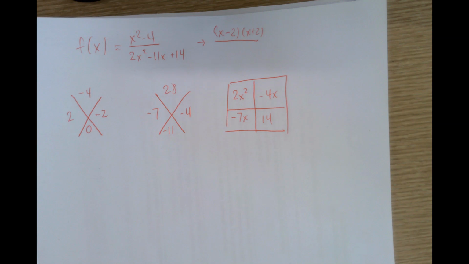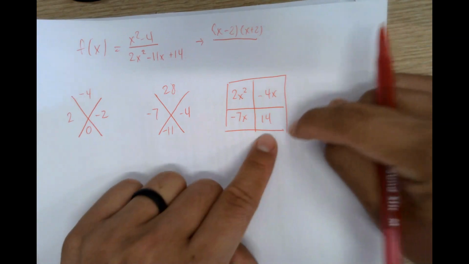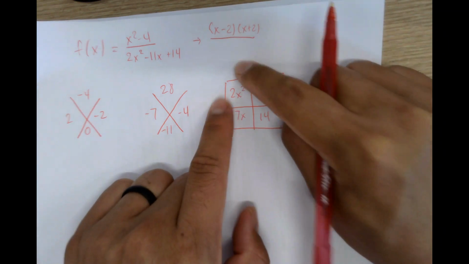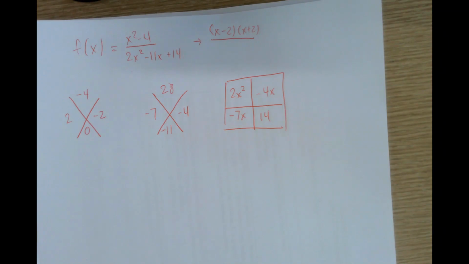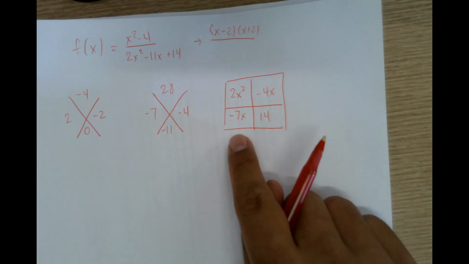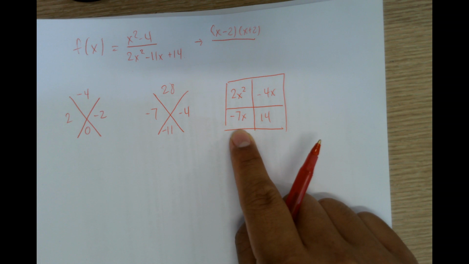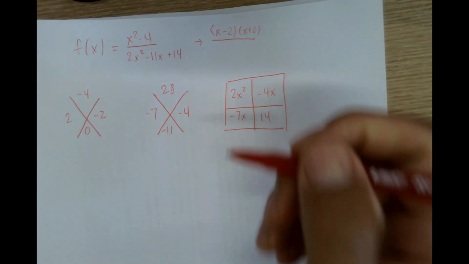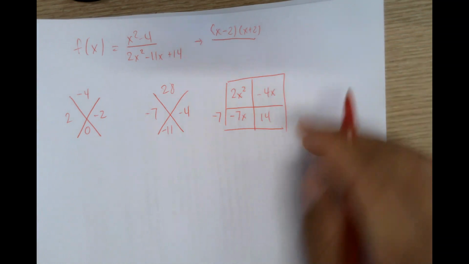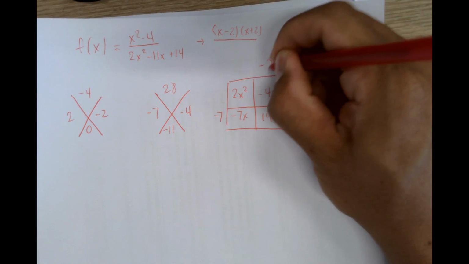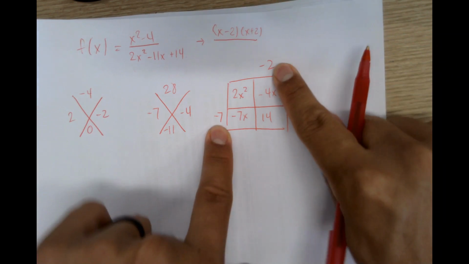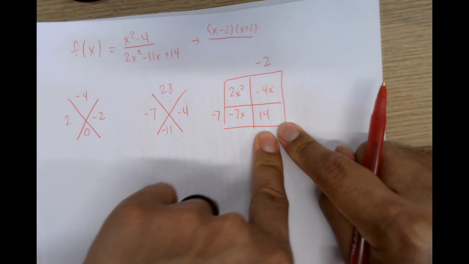At this time, you really want to find the two things that multiply to equal 14 and the two things that multiply to equal 2x squared. I'd say it's pretty easy to do the bottom left because you're only going to have one answer, so it's going to be -7 over here. That means this one's going to be -2, because -7 times -2 equals 14, right?